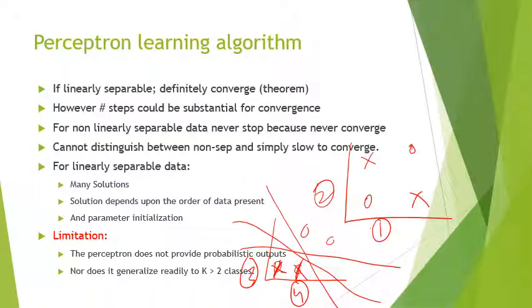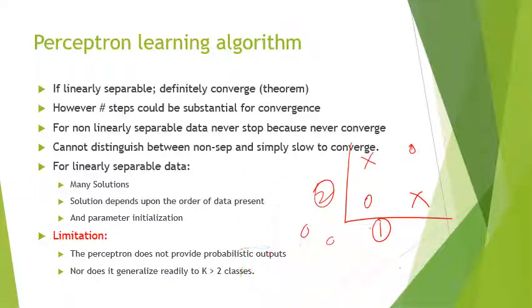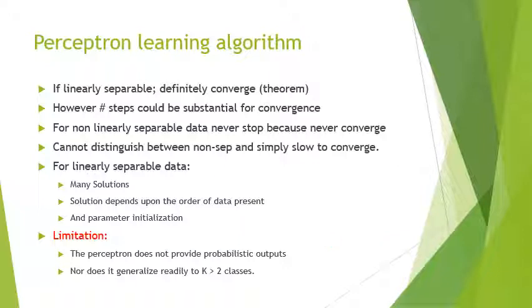So the limitation is that you cannot generalize it for more than two classes. That is the limitation of a perceptron. You should remember this. This is a really important thing to remember here, that you cannot generalize it for more than two classes. And perceptron does not provide probabilistic output. Either it gives you +1 or -1, but you don't know how well you are doing.